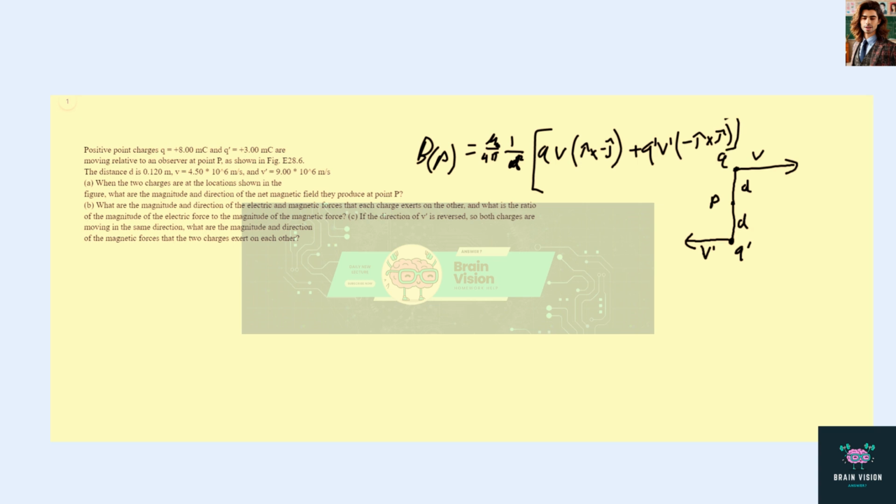Okay, so then that's going to be equal to the same constants, mu naught over 4 pi over d squared, and it's going to be the numbers we have here. So q, v, i hat cross negative j hat is going to be negative k hat.